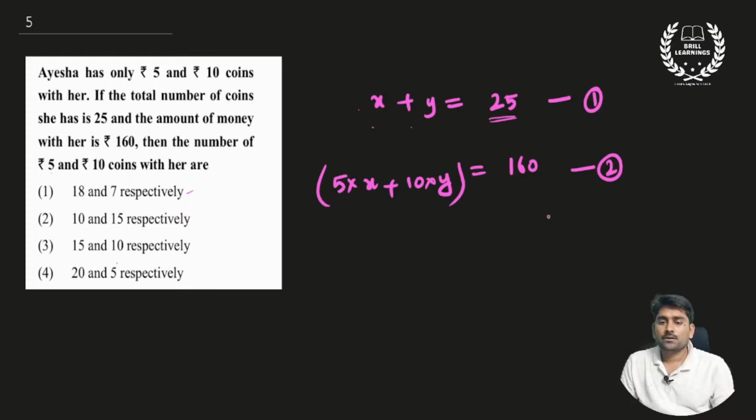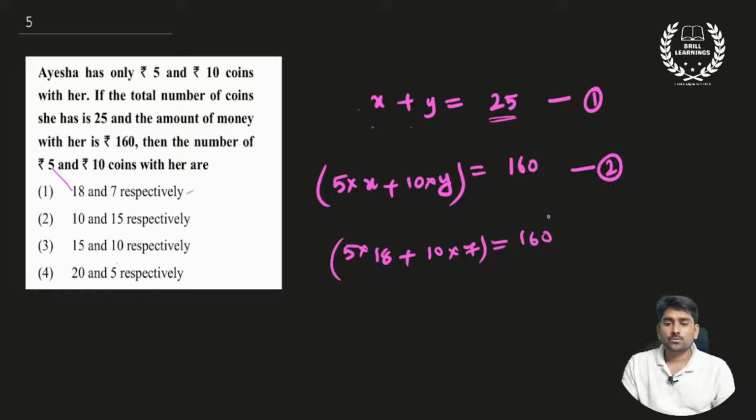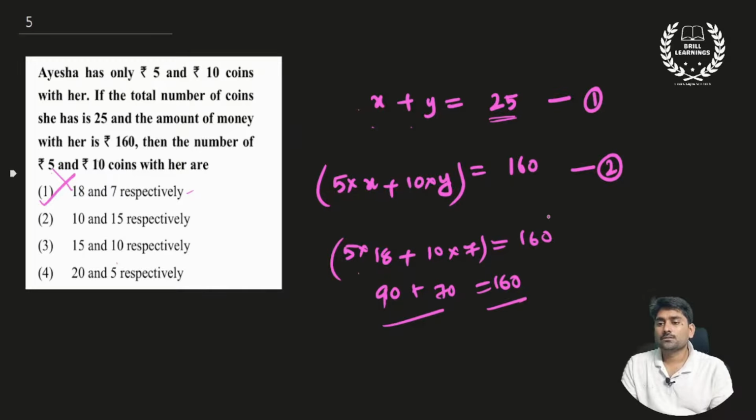First 5 into, take the 5 rupee corresponds to the first value, 18, plus 10 into the second value, 7, that is equal to 160. So 18 5s are 90, 7 10s are 70. So here LHS equal to RHS. So this is our answer.